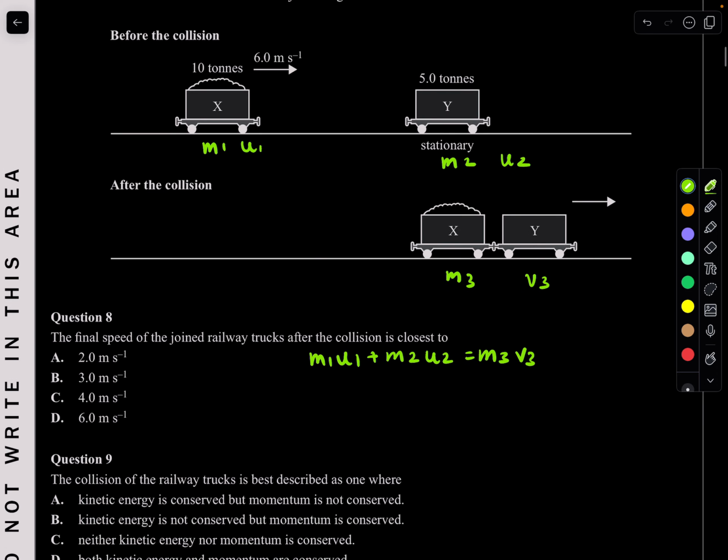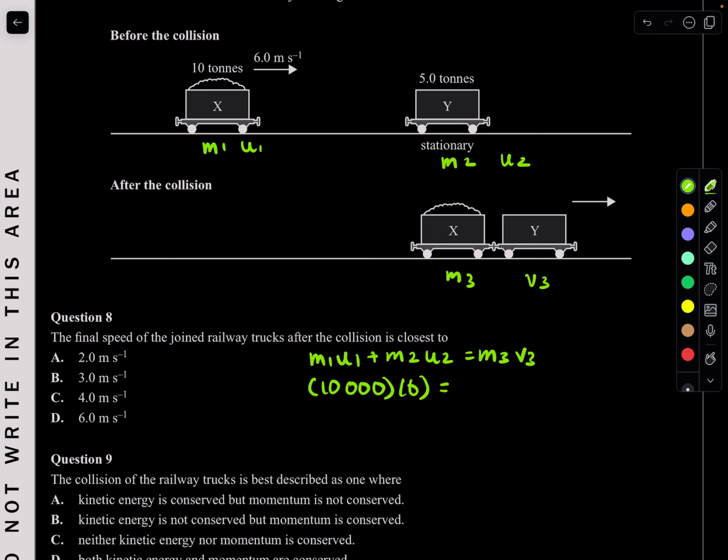So we want to find V3, to be honest. So I'm going to write it as 10,000 times U1, which is going by 6, plus M2, which is 5,000, and it's actually times by 0 because it's stationary. So that's just useless.